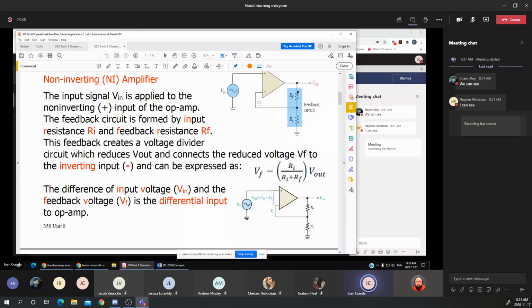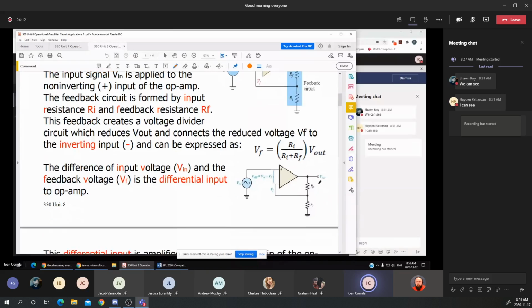The total resistance is RI in series with RF, so RI plus RF, multiplied by Vout. An easy way to determine the VF, the feedback voltage returned to the inverting input, is the equation RI over RI plus RF. Again, that's a series circuit, and that's the voltage divider rule for a series circuit.